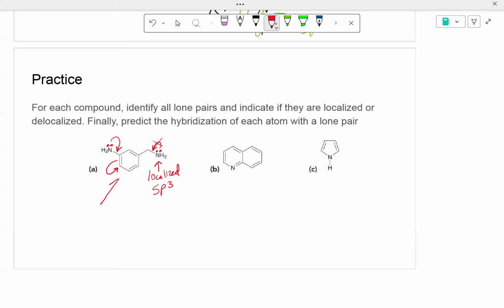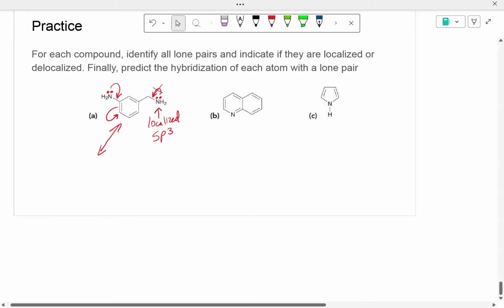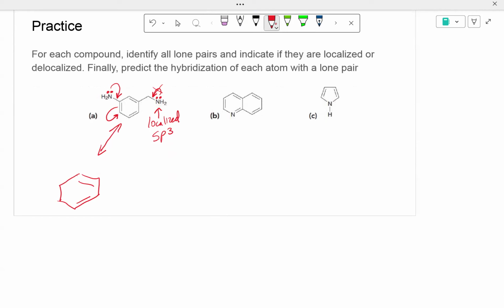So let me just show the resonance form for that specifically, and then we can answer the question of hybridization. Now if we look at the hybridization of this nitrogen right here, it only has three regions of density. So we would say it's sp2.